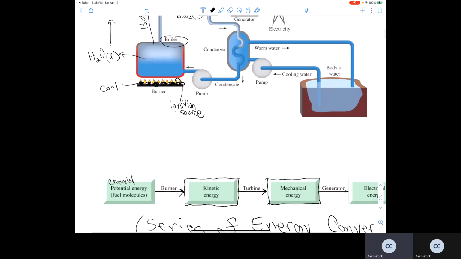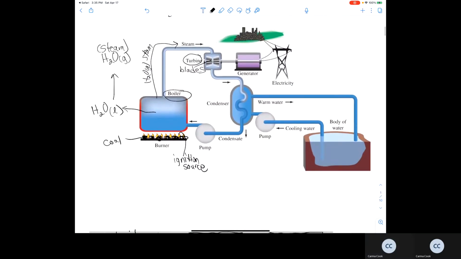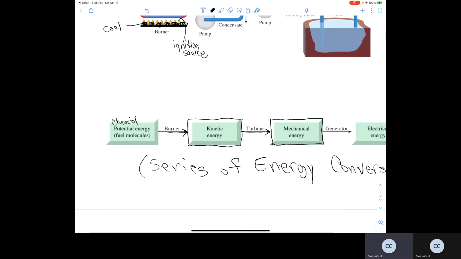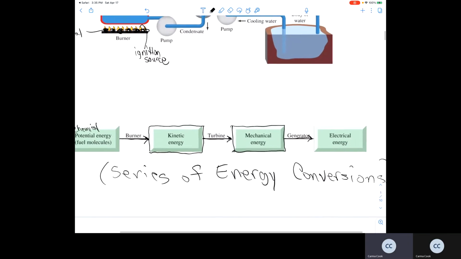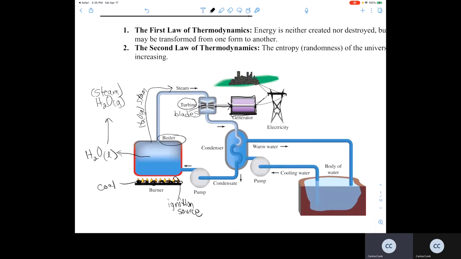And then the mechanical energy created in the turbine gets transferred to the generator. And the generator converts the mechanical energy into electrical energy. And that is the electricity that is sent to our homes and buildings and so on and so forth.